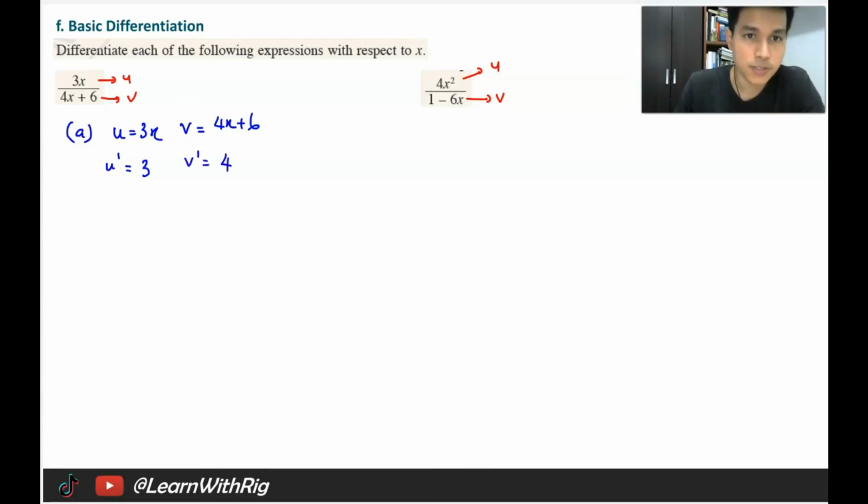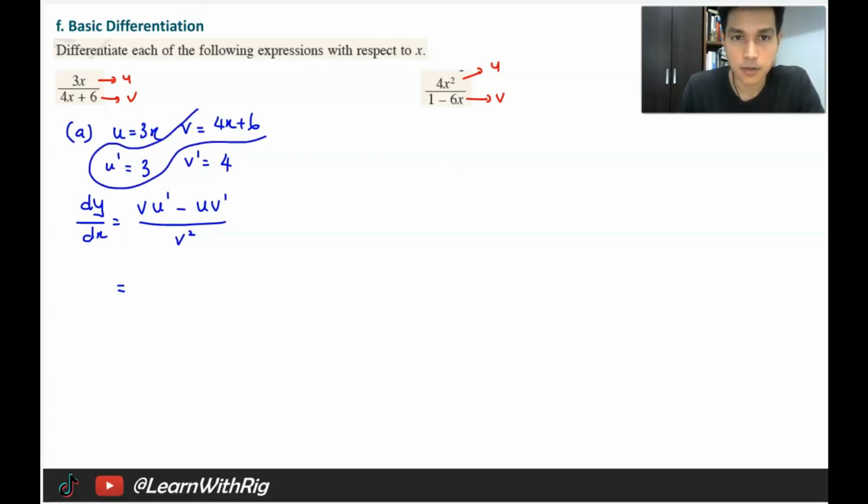Okay, so what's the formula? dy/dx equals vu prime minus uv prime over v squared. So what is v here? This is also the same, which is the cross multiplying here, and then divide by v squared. It's almost the same as product rule.